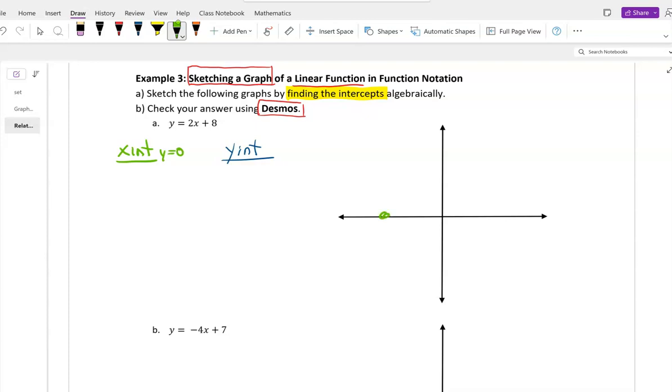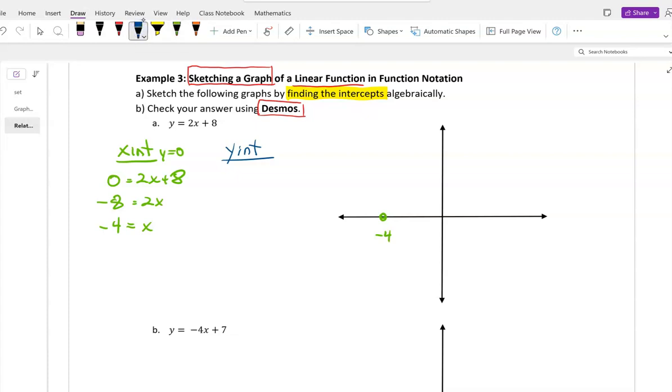So wherever this point would be, the y value would be 0. So we're going to say y is 0. So 0 is 2x plus 8. I can now do some algebra. I'll move the 8 to the other side. I'll divide by 2, and I get negative 4. This tells me the x-intercept is negative 4.